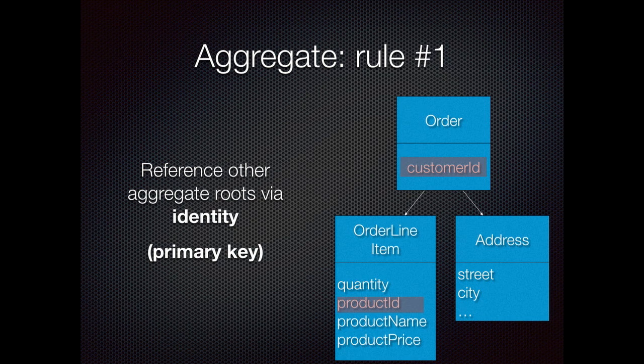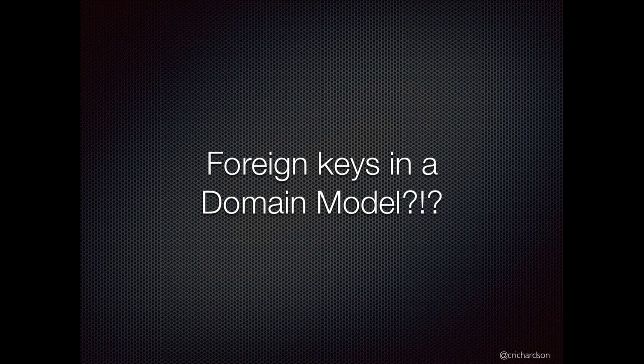It just has the customer ID. Likewise, an order line item doesn't have an object reference to a product. It just has the product ID. And this is really interesting because from the perspective of classical object-oriented design, this would be considered a smell, right? You should not have foreign keys, which are a database concept, in your domain model.